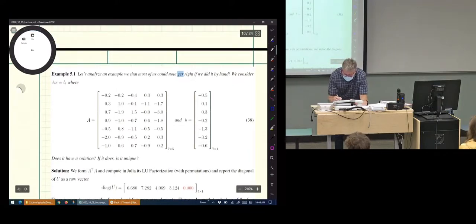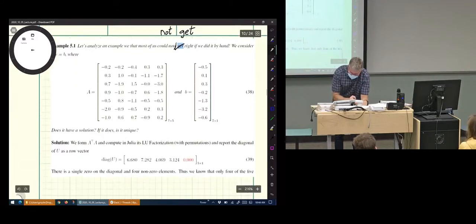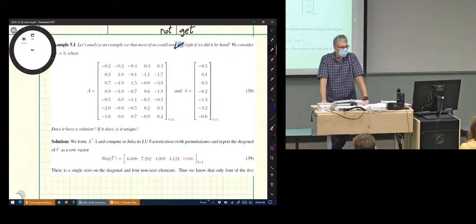2 typos, not get right. So here's an example that most of us, if we did it by hand, there's no way we would get it right, okay? Is there a solution to this thing, and is it unique?